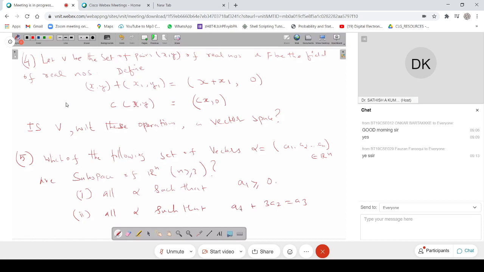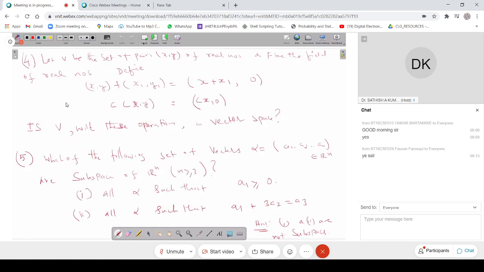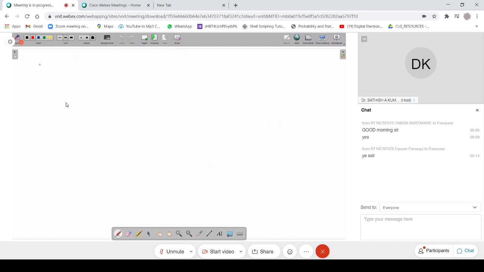So maybe the hint, the solution will be that 1 and 2 are not subspaces, so you verify that. Maybe we can give this problem as the sixth problem.